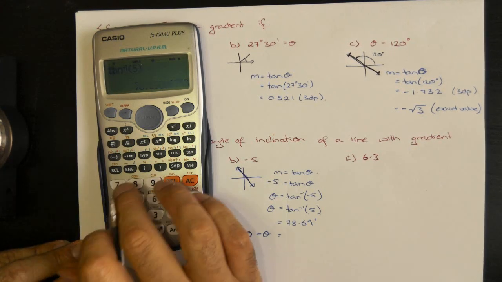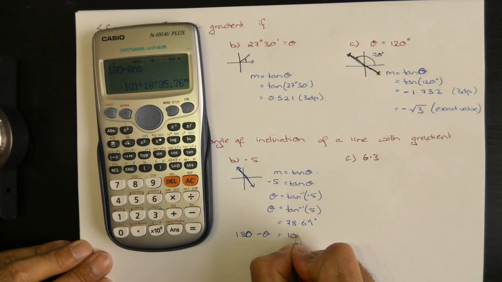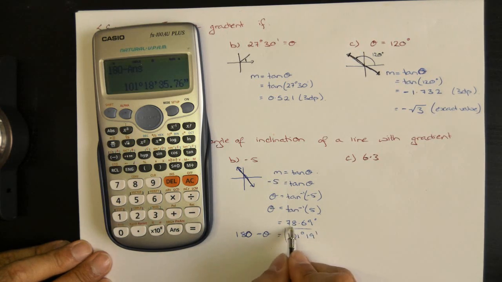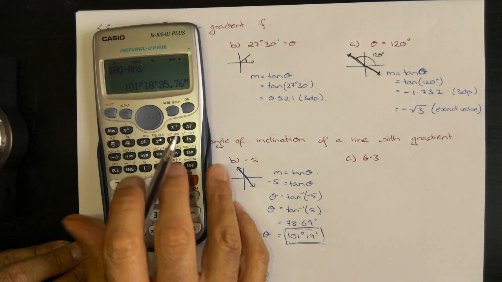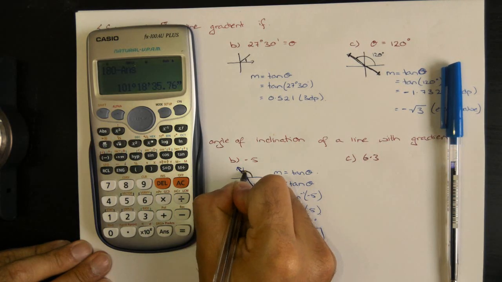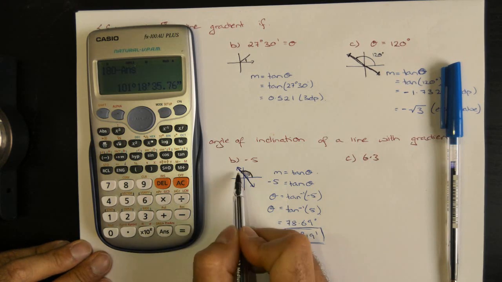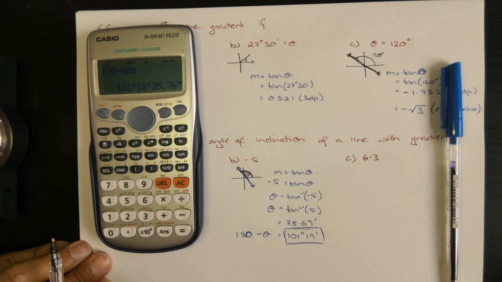So 180 minus answer, and we get an angle of inclination of 101 degrees and 19 minutes. And this is really the answer. So be very careful when we have negative gradients, because we actually want this angle here, which is going to be obtuse. The negative 78 made no sense, whereas we got the 101, we need to take that solution from 180 to get that.